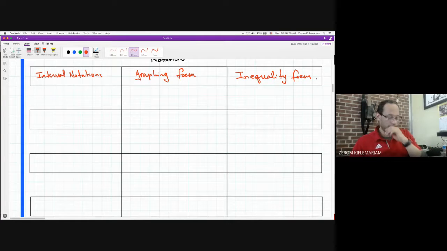So we have those three: interval notation, graphing form, and inequality form.